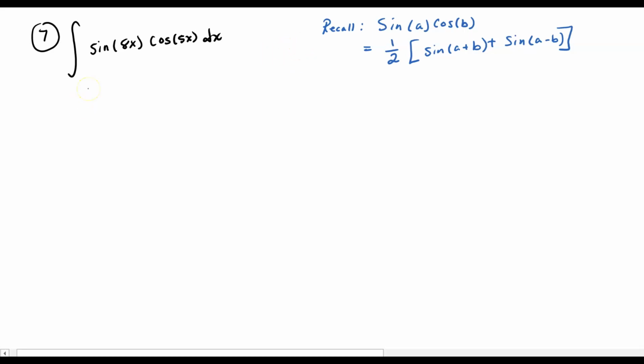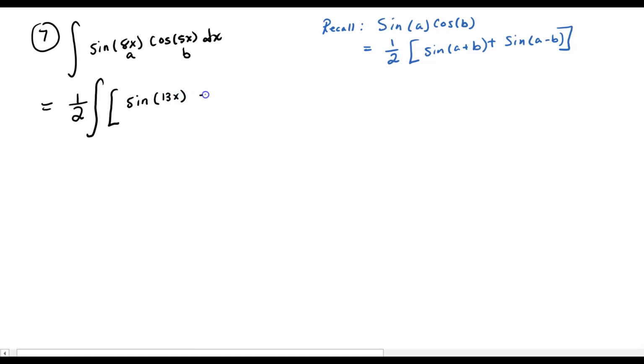All right. If I have sine of 8x times the cosine of 5x, I can rewrite this as the integral. I'm going to write the 1/2 on the outside, but I will rewrite it as the integral then of sine of a plus b, which if this is a and this is b, I'm going to write as the sine of 8 plus 5x, which is 13x.